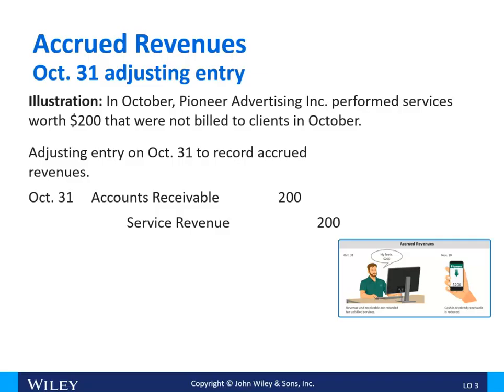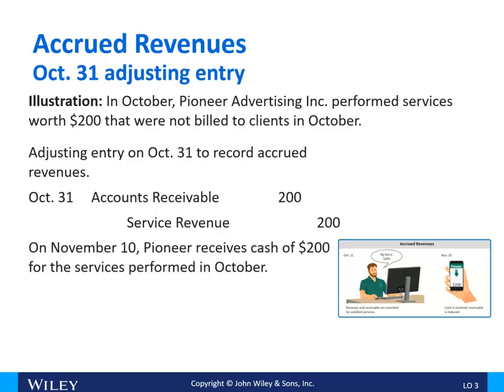They looked at October 31st and said, all right, what have we done during the month of October? How much have we billed to customers? How much haven't we billed yet? We're going to bill them eventually, but we didn't do it within the accounting period. So we do an adjusting entry to record that service revenue in the correct accounting period, in this case, October.